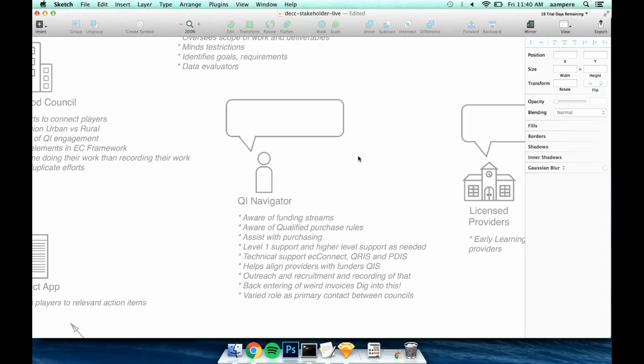Even though her title is coach, maybe there's 0.2 FTE included in the base budget that really is that navigator role. So I think if we just draw the line in the sand and say the navigator role means you are the primary contact, and navigators we know can be included in the base budget, then councils just need to decide what percentage of people's time is related to navigation versus direct service coaching. What do you guys think about that?